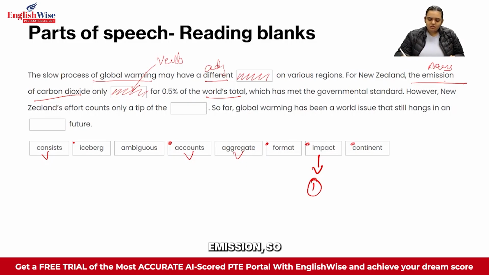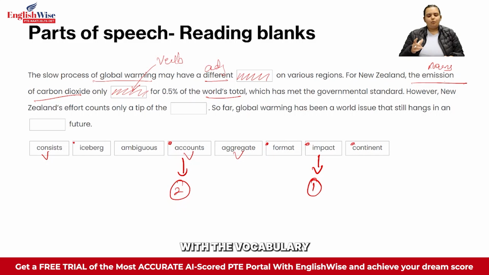Now this is emission. So emission, let's say emission accounts makes sense. Emission aggregate does make sense. If it was aggregates, it would have still been grammatically correct. So the way we say student studies and students study, that is the formula we are applying here. So we will say accounts is our second answer.